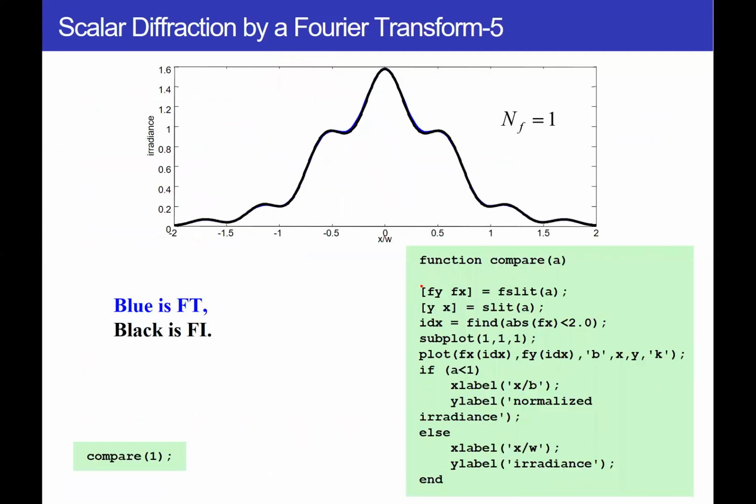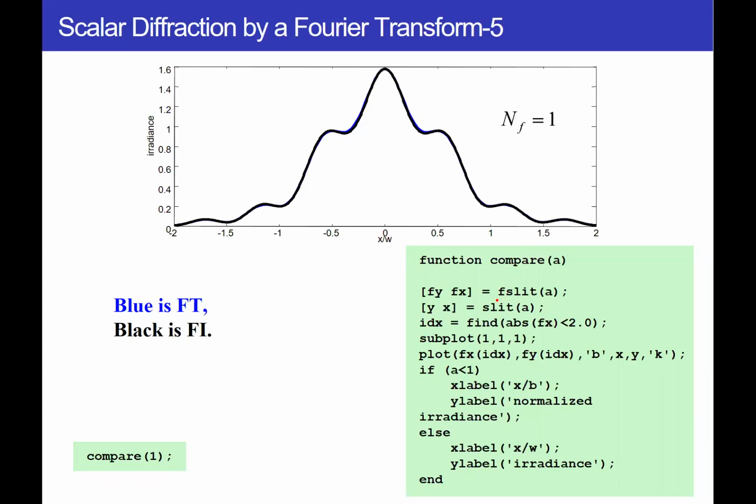And then it's a little bit curious to check out. Thus far, we have introduced two methods. One is using Fresnel cosine and Fresnel sine. Okay, and then you get the absolute magnitude squared, and that is slit. And then we have the new method, which is based upon Fourier transformation, and that is called f-slit.